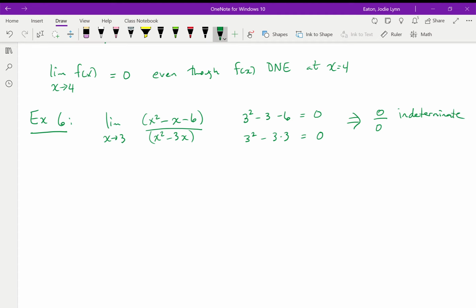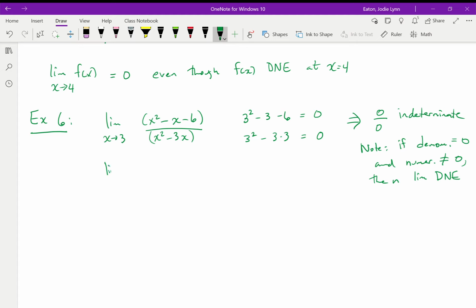Okay, note if just the denominator equals 0 and the numerator is not equal to 0, then the limit does not exist. So if only the denominator is equal to 0, we just say the limit doesn't exist. But if they're both equal to 0, that means there's probably something we can do to see if we can get a value for this.